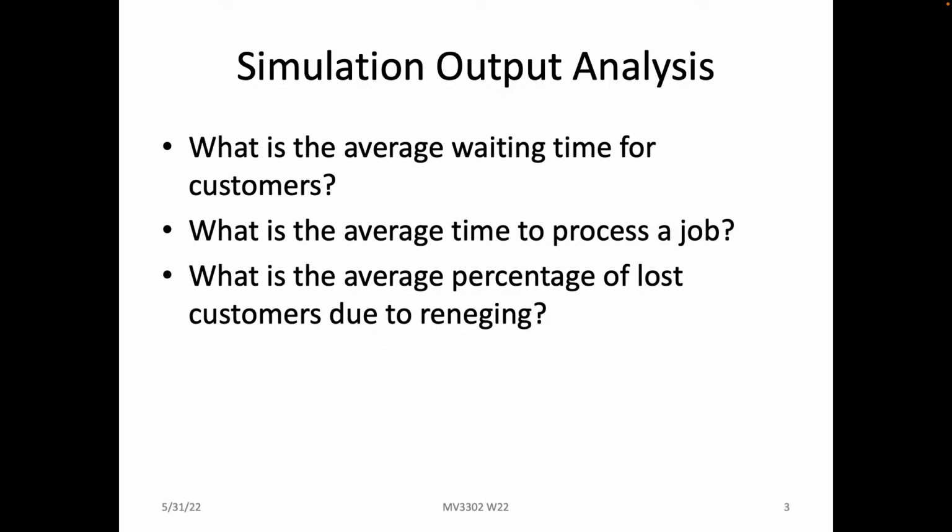So of the models that we've looked at, one of the canonical measures is the delay in queue, or the waiting time. How long do customers spend in the queue? We're going to treat that as the canonical one, but there are lots of others. As we've seen, we have things like time in the system, number in the queue, utilization, average number of busy servers, available servers, etc. In models like our reneging case, what was the average percentage of lost customers due to reneging?